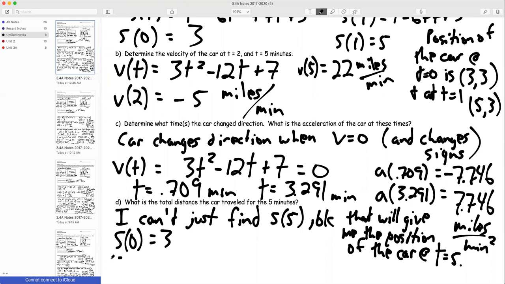So I need to find my position at 0.709. So take your calculator, go to the position equation, which is the original equation that they gave us, the cubic equation, and find the value of s of 0.709. Do that for me right now.